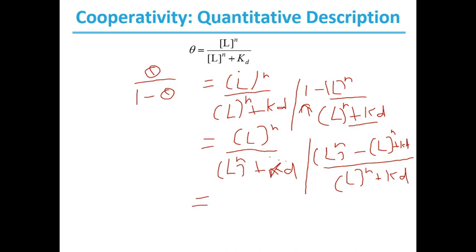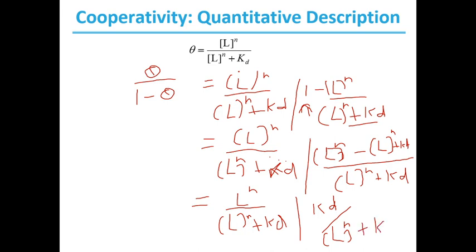Classic algebra. Now what happens here is L to the power n divided by L to the power n plus Kd, divided by L to the power n minus L to the power n cancels out. So Kd divided by L to the power n plus Kd.